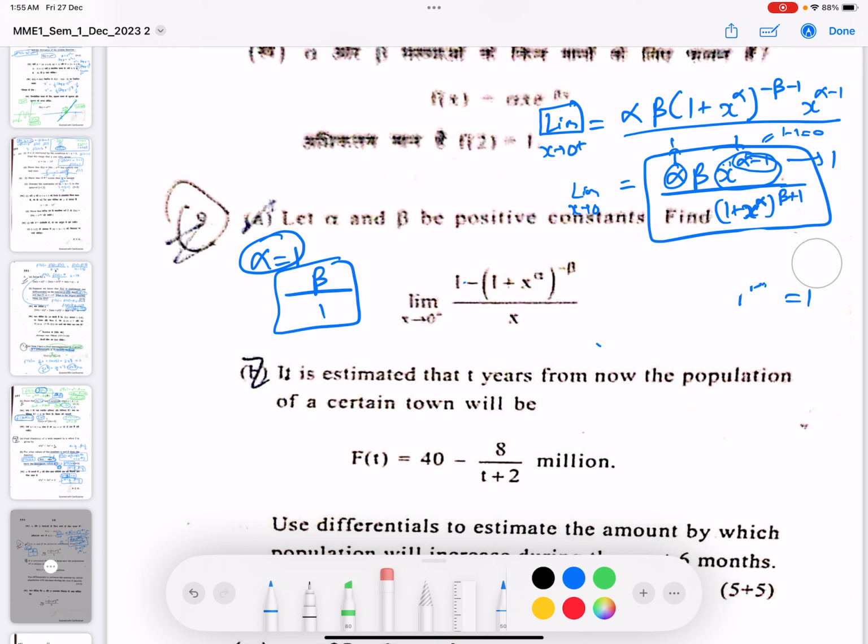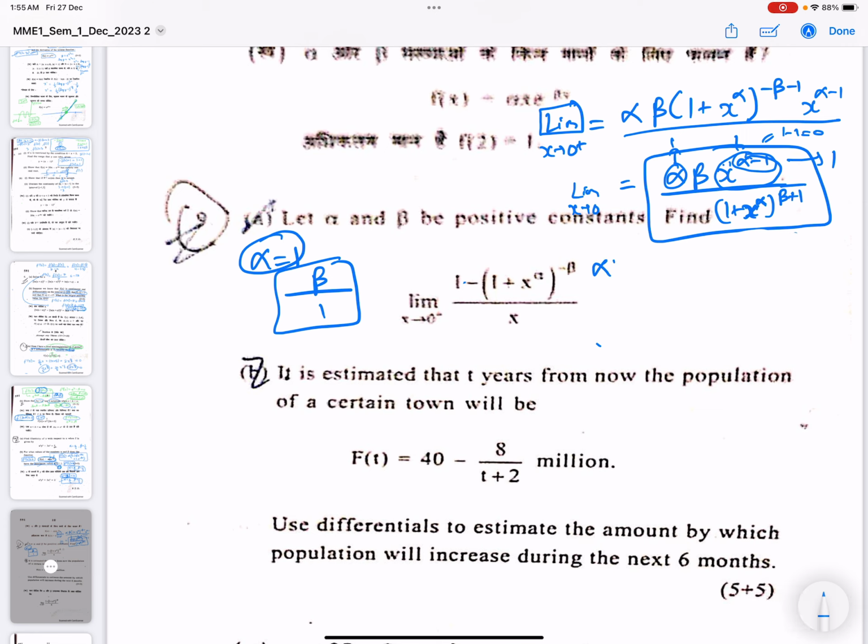Now when alpha is greater than 1, the numerator is alpha beta x^(alpha minus 1) times (1 plus x^alpha)^(beta plus 1) as x approaches 0 plus.